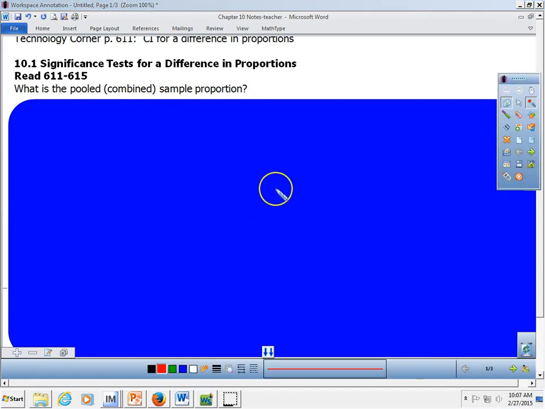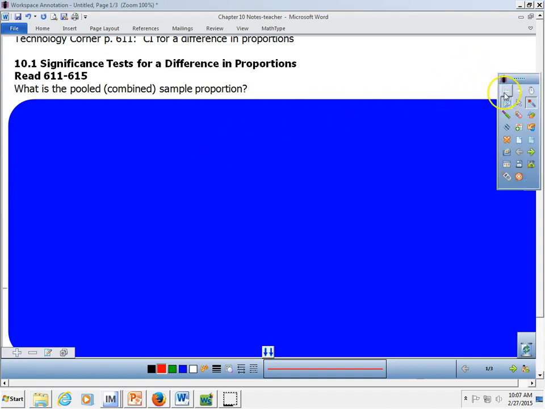Okay? So the first thing we need to talk about is the only little additional spin on the idea of a significance test for the difference in proportions. And it's the idea of pooled data or pooled sample proportion. Now, what are we talking about with pooled sample proportions?